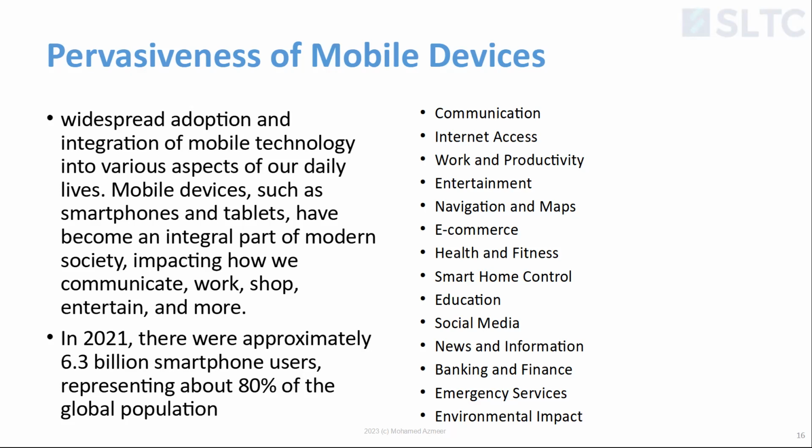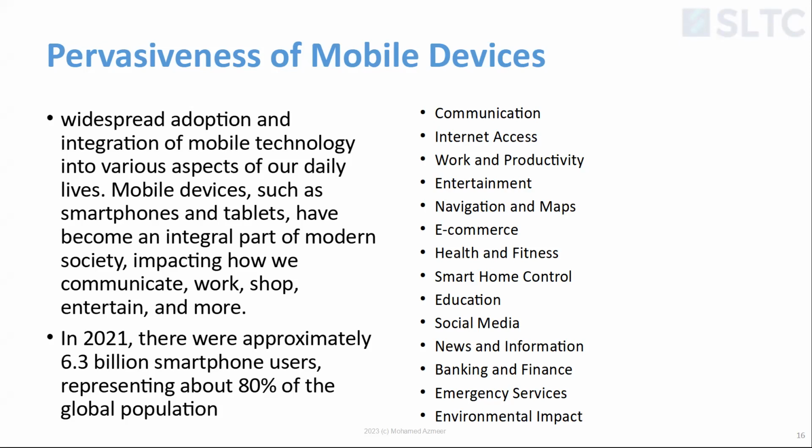Okay, so if you look at the different areas where mobile applications are being used, under communication, obviously, yes, internet access, work and productivity, entertainment, navigation and maps, e-commerce, health and fitness, smart home, education. What is a smart home? A smart home is a home with lots of electronic gadgets where they reduce, let's say, we call it the carbon footprint, like reduce wastage of water, maybe wastage of electricity, maybe.